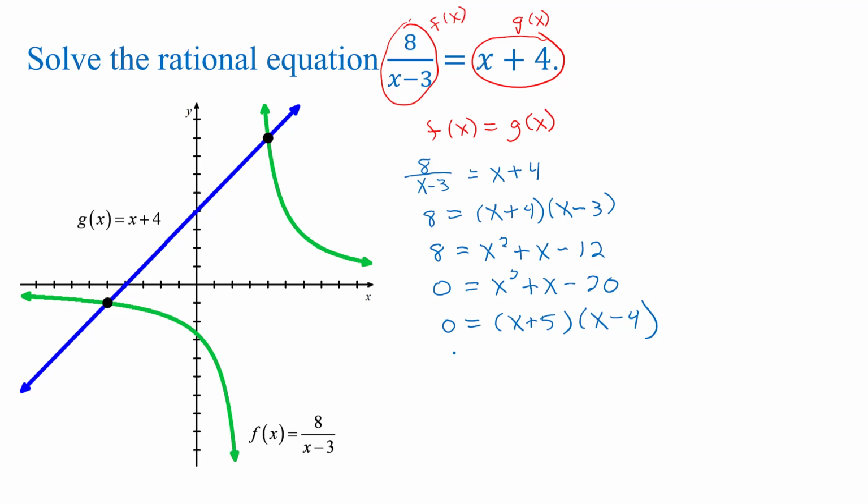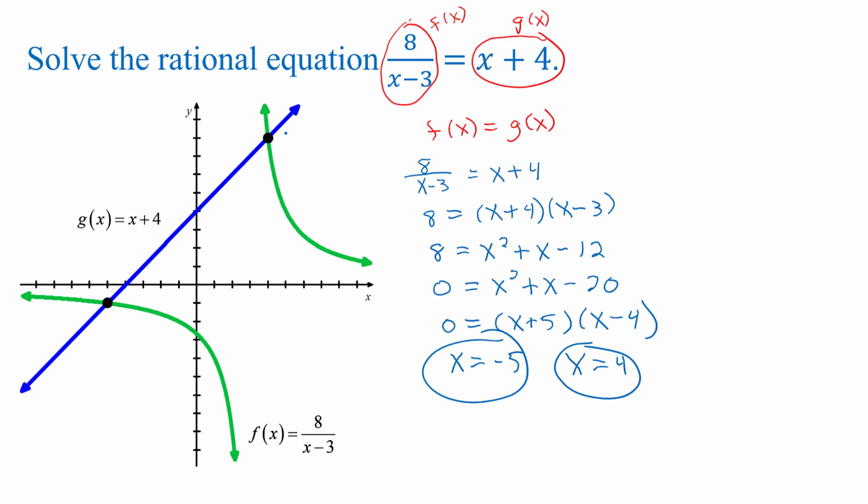Setting x plus 5 equal to 0 would result in x equals negative 5. Setting x minus 4 equal to 0 results in x equals 4. So I have my two solutions here algebraically, but let's see where I would have found these solutions graphically if I wouldn't have needed a little bit extra help.